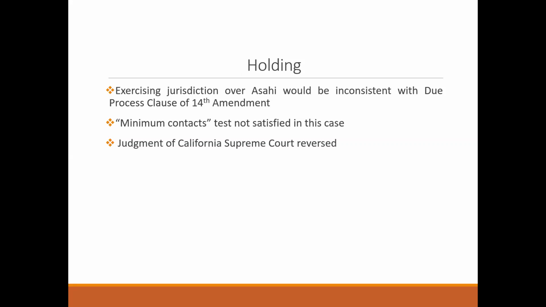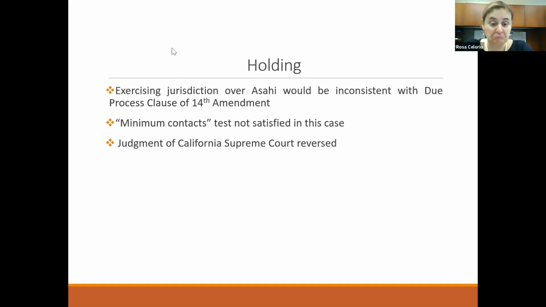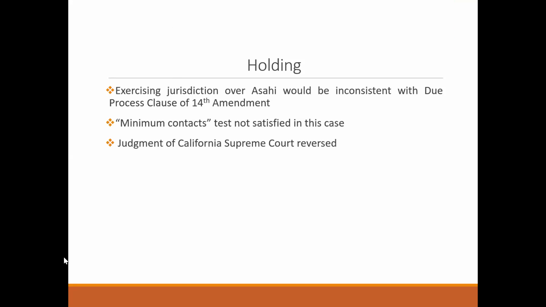But in order for the state to decide whether it can exercise its jurisdiction, it depends on several factors, which include the burden on the defendant, the interest of the forum state, the plaintiff's interest in obtaining relief, and also the interstate judicial system's interest in finding a more efficient way to resolve the case. And I believe that's the rationale in the case.